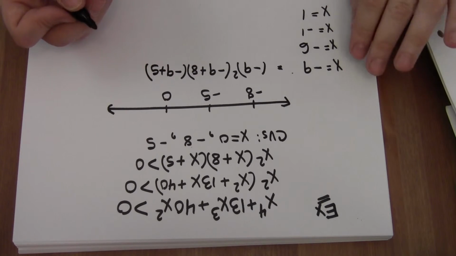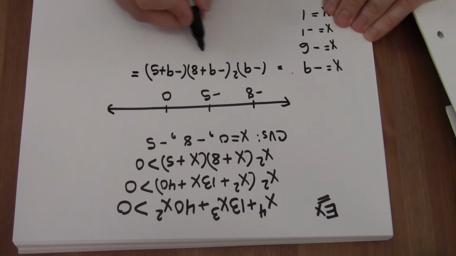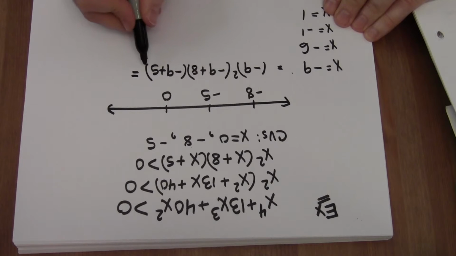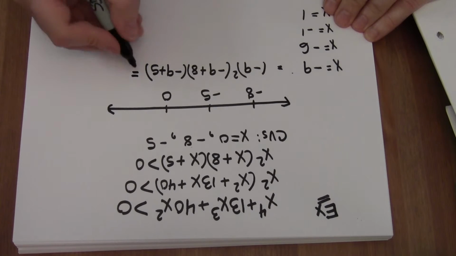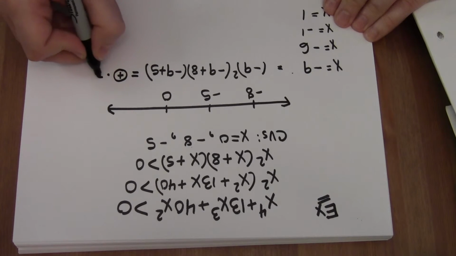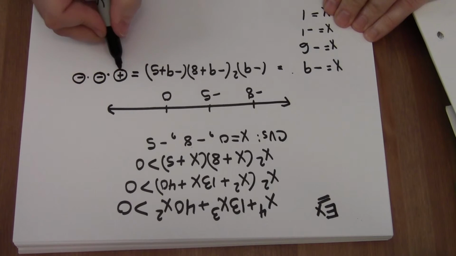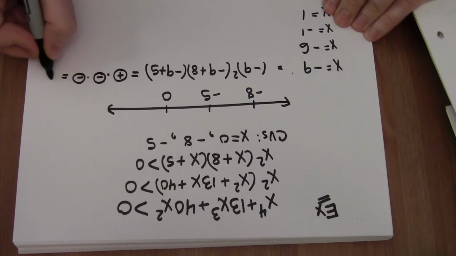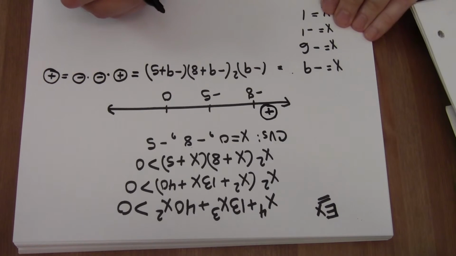Now, realize that I don't actually care about the number, I just care about the sign of the answer, so I'm just going to work with my signs rather than actually dealing with specific numbers. I know that negative 9 squared is a positive number, so I have a positive times. Negative 9 plus 8 is a negative number, and negative 9 plus 5 is a negative number. A positive times a negative times a negative will give you a positive. My first region is positive.